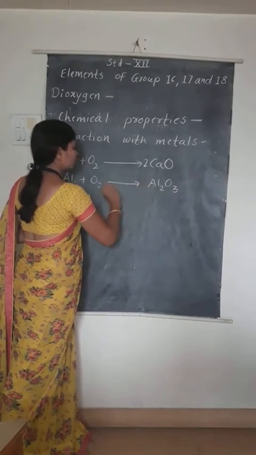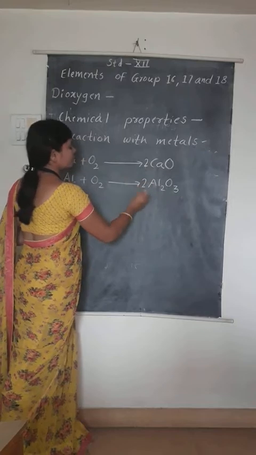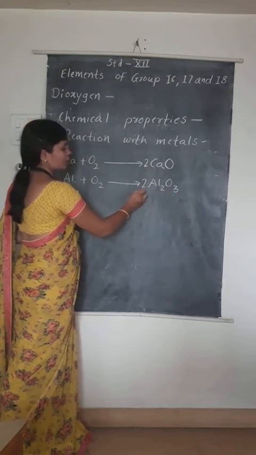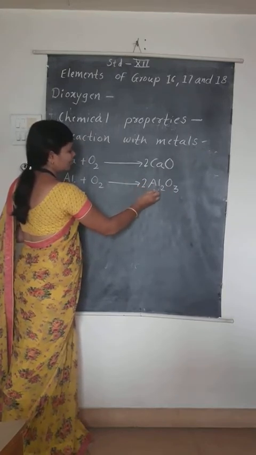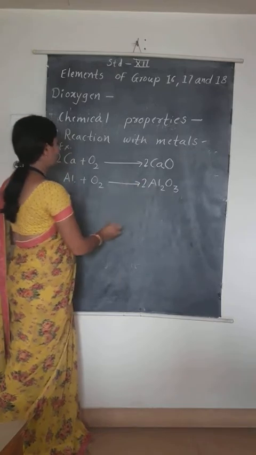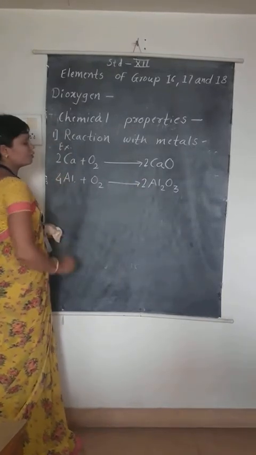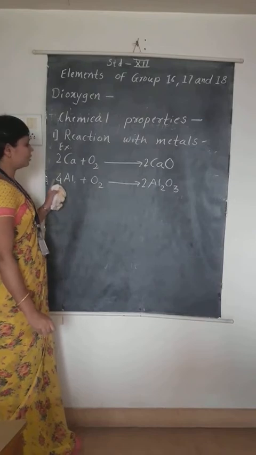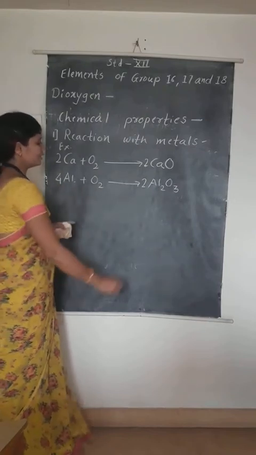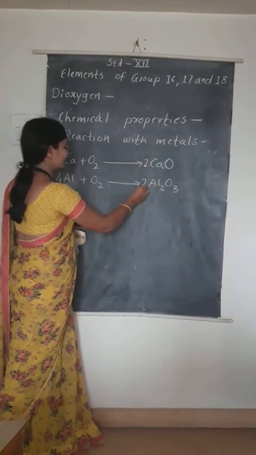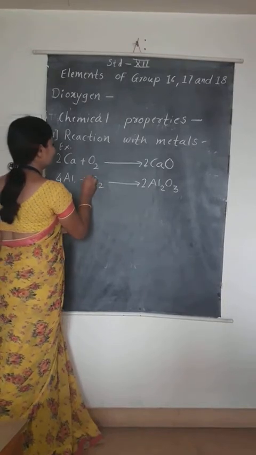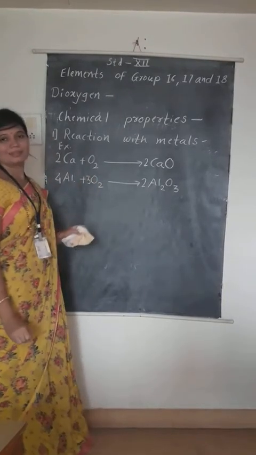To balance the oxygen atoms, first take the coefficient of aluminium oxide as 2, so that the number of aluminium atoms becomes 2 into 2, 4. To balance, here take the coefficient of aluminium as 4. Number of oxygen atoms on product side 3 into 2, 6. Here only 2. To balance, take here coefficient of oxygen as 3.